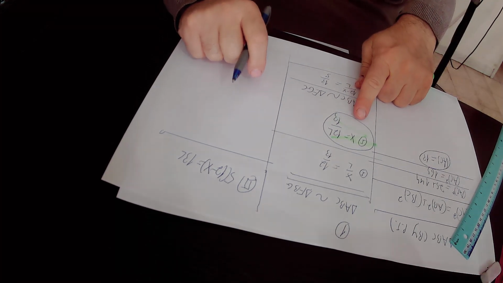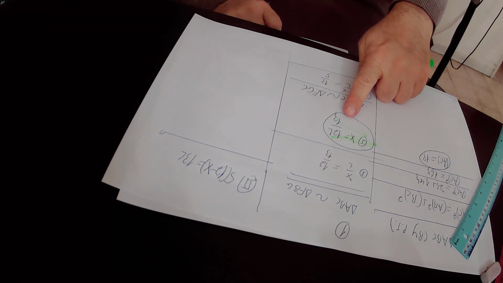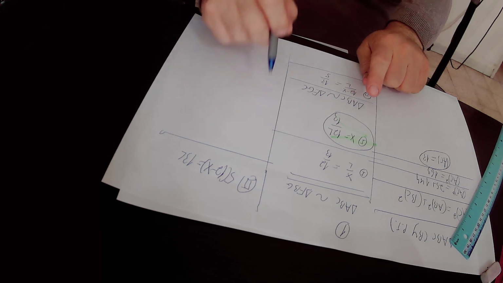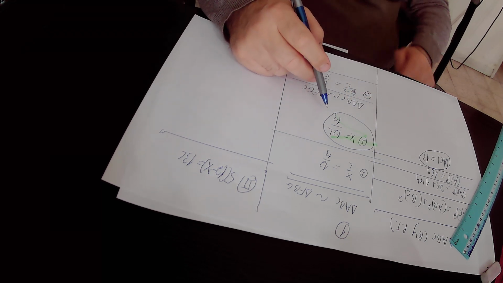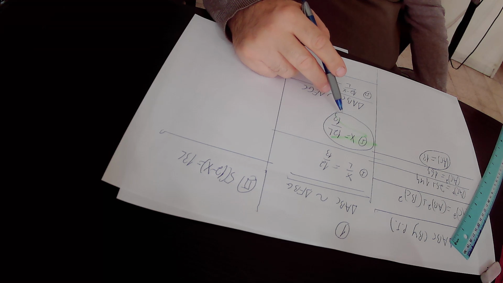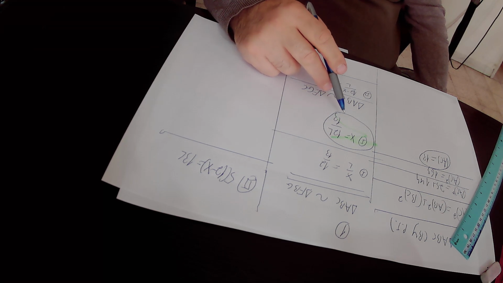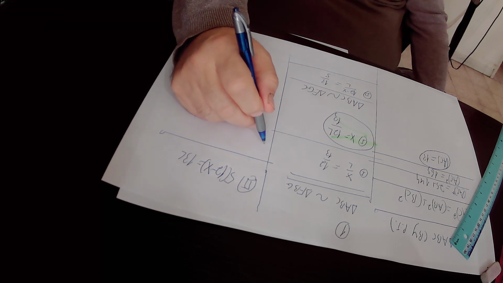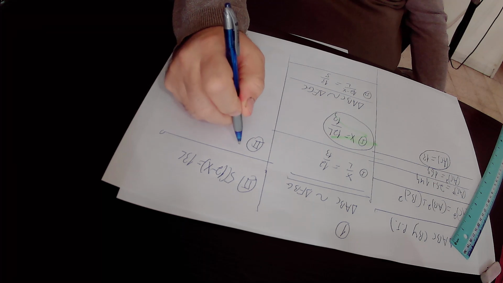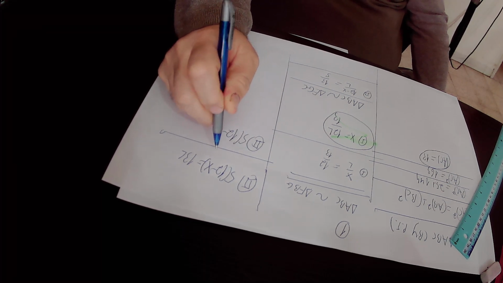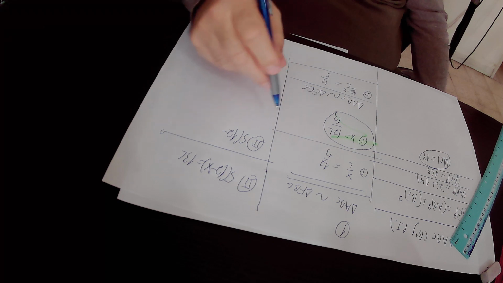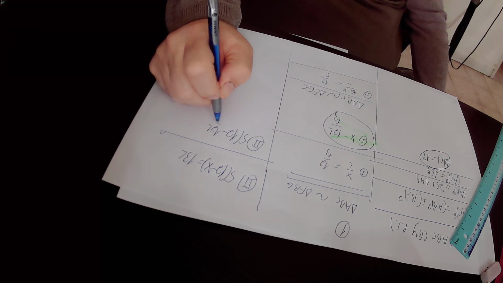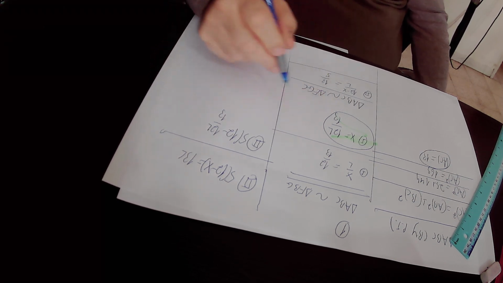We have already found out that x equals 12L over 13 according to equation 1.